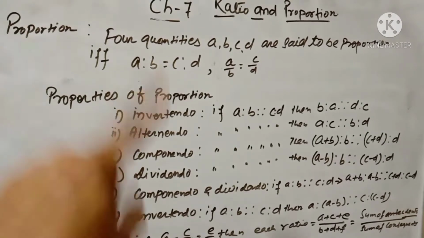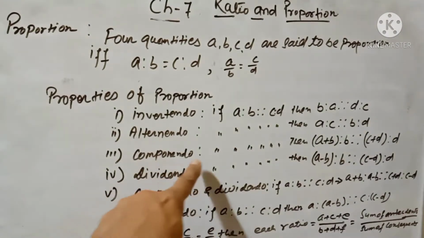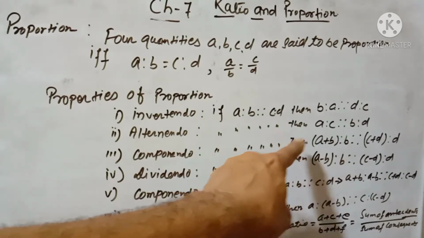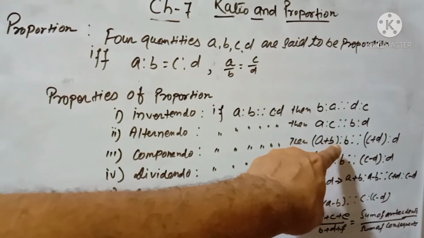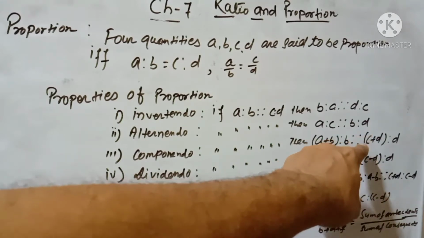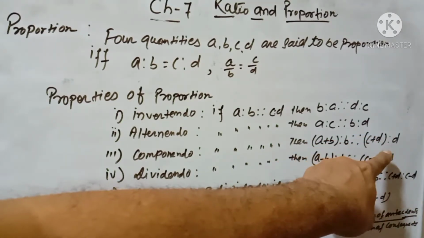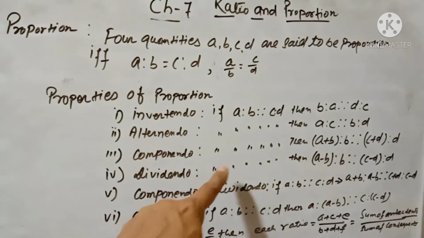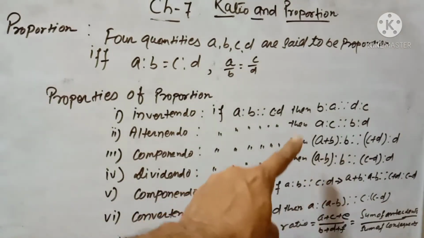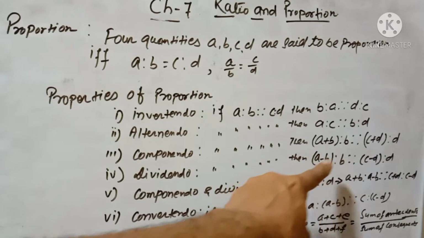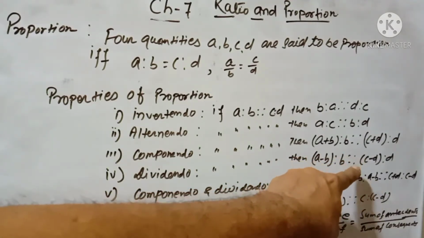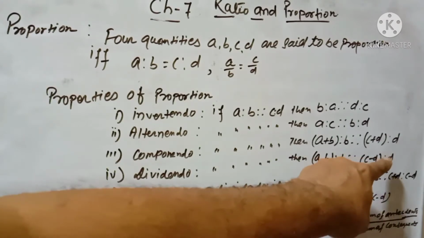Once again I am explaining componendo. If a ratio b is proportional to c ratio d, then a plus b ratio b is proportional to c plus d ratio d. Dividendo: if a ratio b is proportional to c ratio d, then a minus b ratio b is proportional to c minus d ratio d.